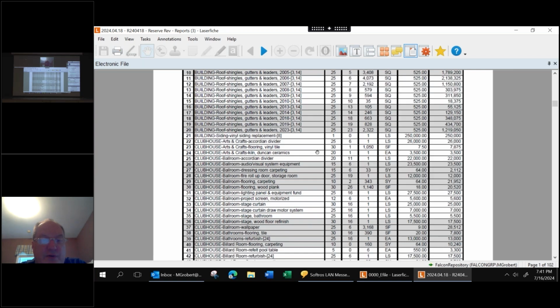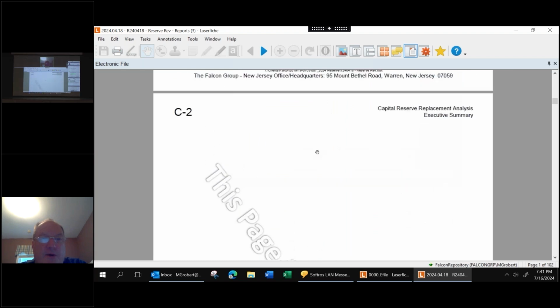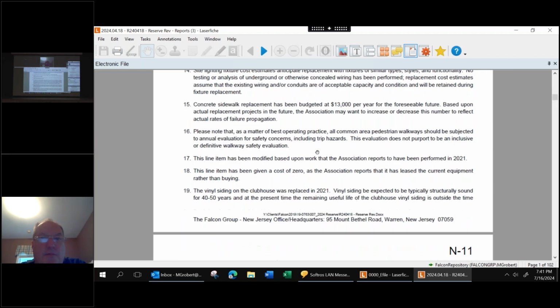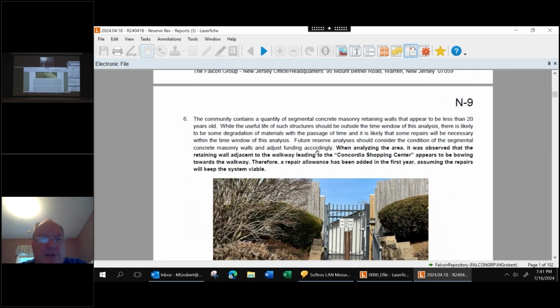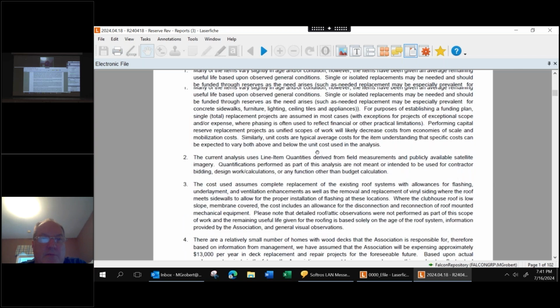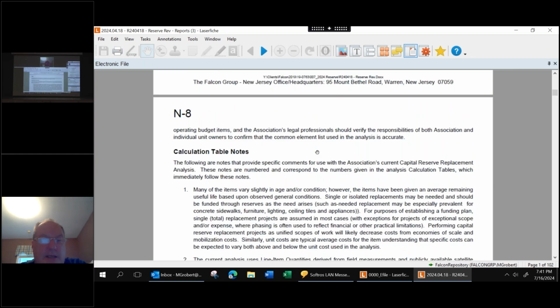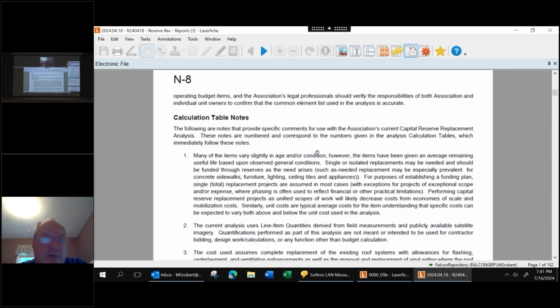What these numbers refer to are in the notes section, which is just before the calculation pages, starting on page C8. And all those bracketed numbers refer to these table notes.